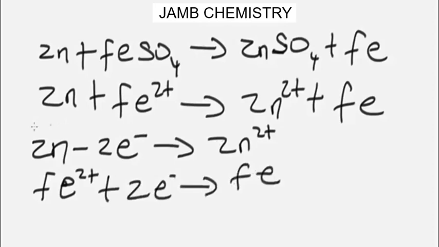So this is oxidation, this is reduction. All right, so zinc got oxidized in this reaction, whereas the iron got reduced in this reaction. Okay, so that would be all for this question. So remember, for the ionic equation, this is what you have to write.